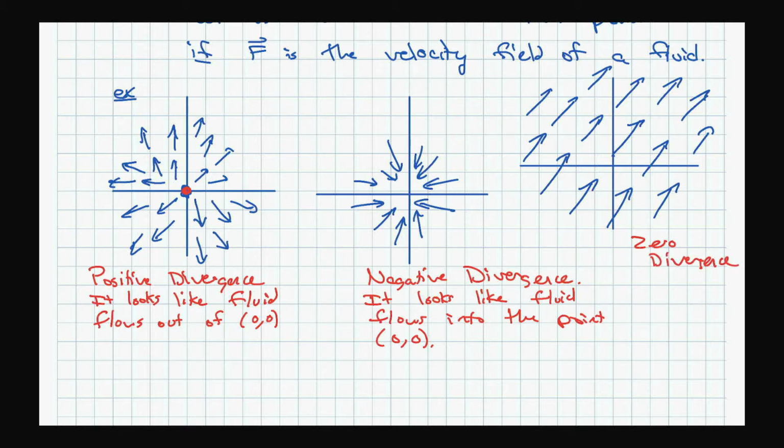That's not the only picture for zero divergence, but it's just one interpretation, right? When you're looking at this third picture here, it doesn't have a bunch of lines leaving from a certain point or a bunch of lines converging at a certain point, right? This is just up and to the right, up and to the right, up and to the right.